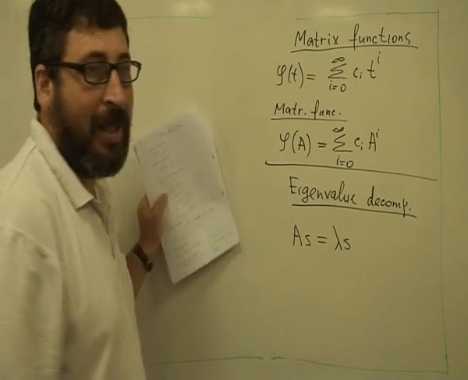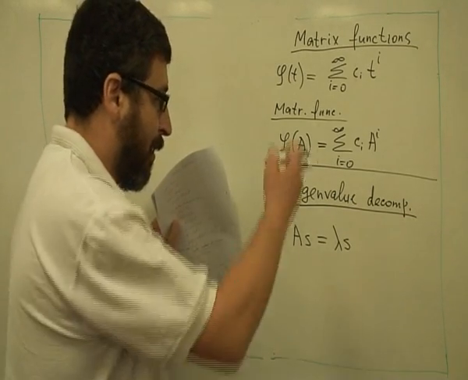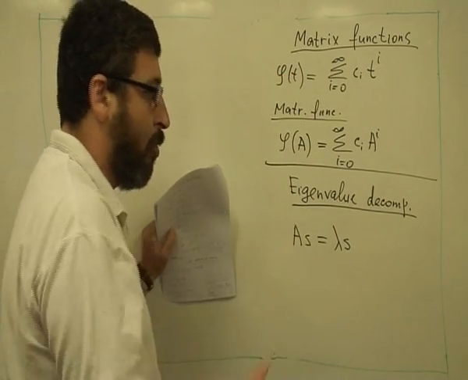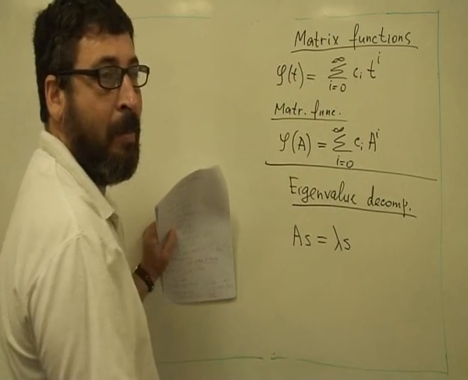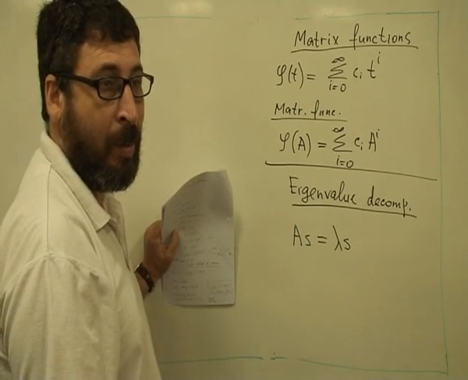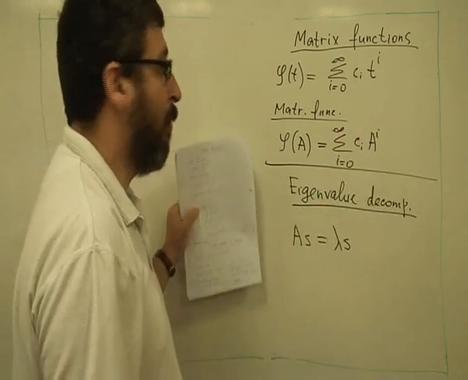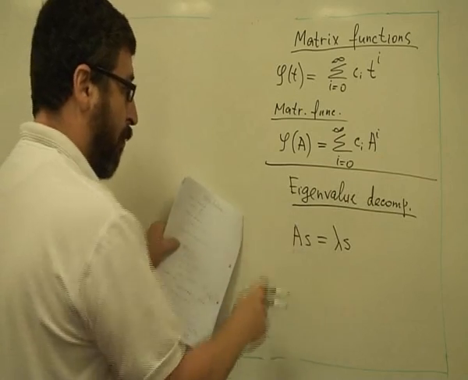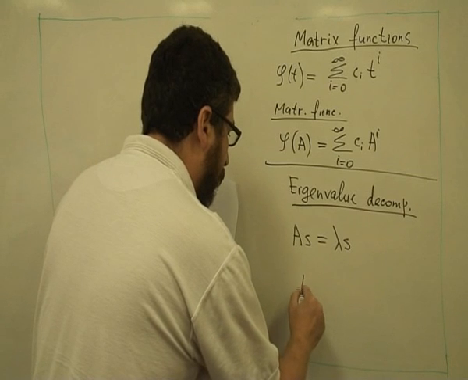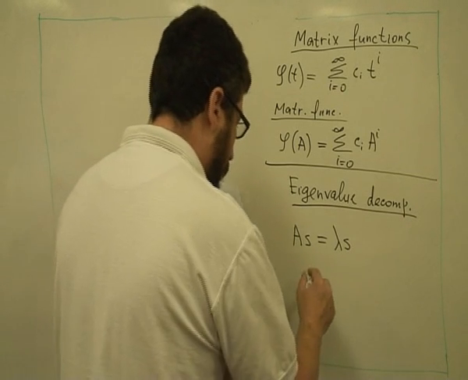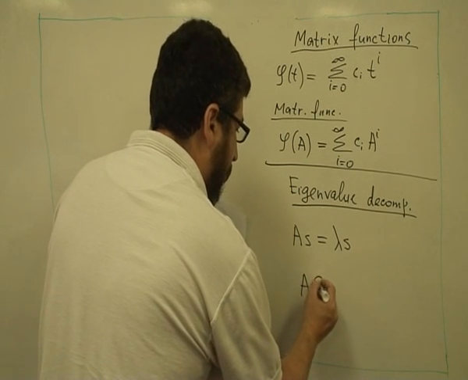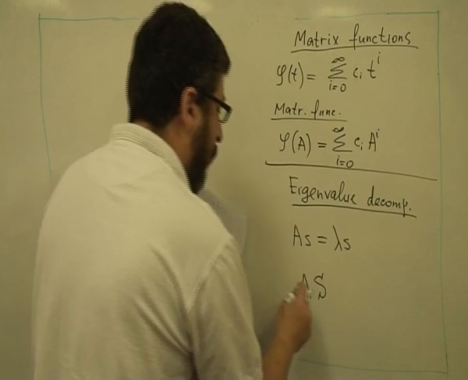Next, suppose that matrix A is so good that it has m different eigenvectors, where m is the dimension of my space, the size of the matrix. Then I put all those eigenvectors as the columns of a matrix, which I will call capital S.